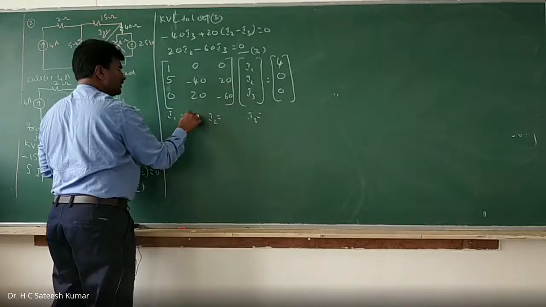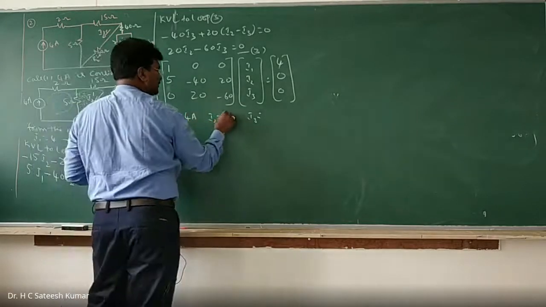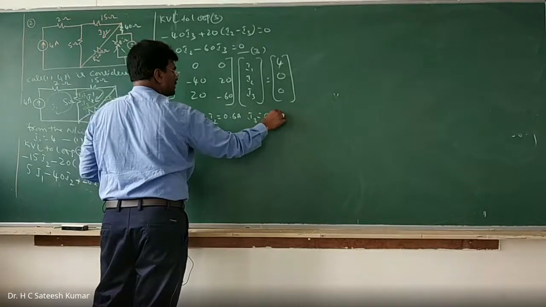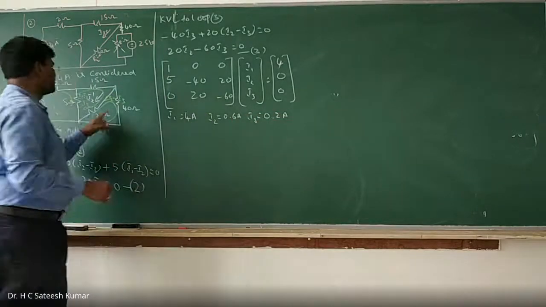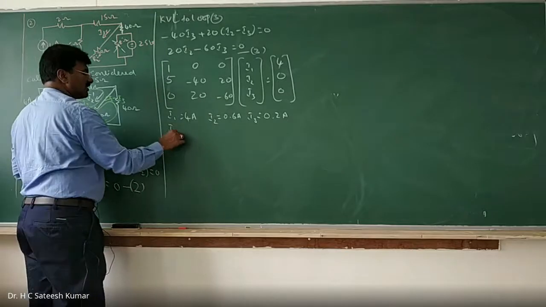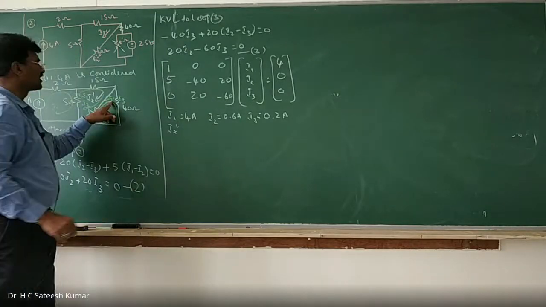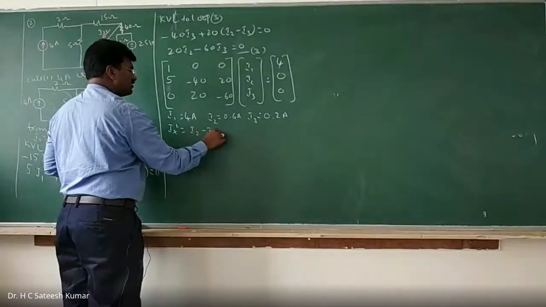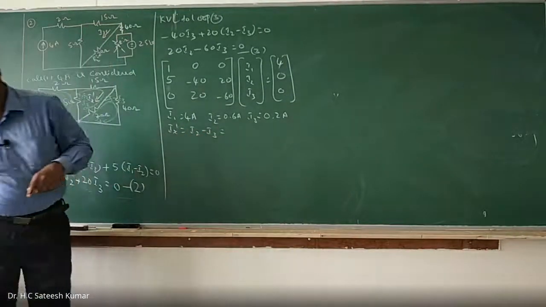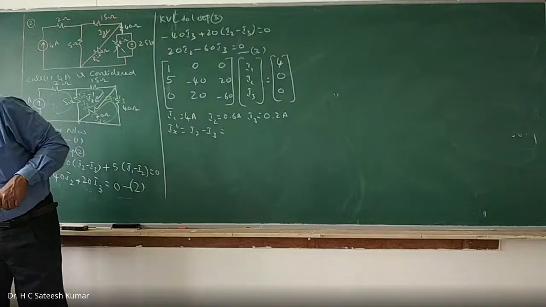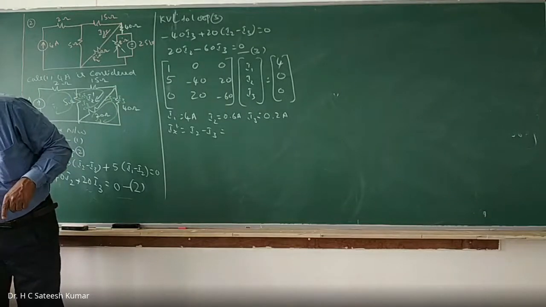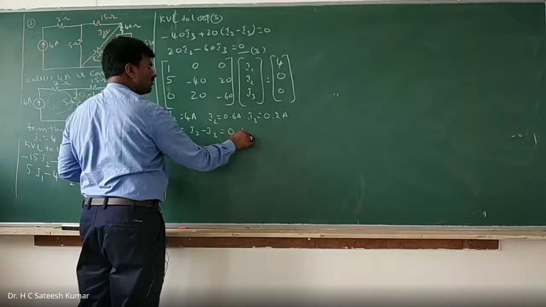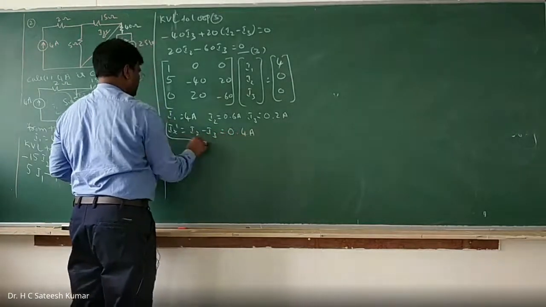I1 is 4 amps, I2 is 0.6 amps, I3 is 0.2 amps. So what do we want? Ix dash is equal to I2 minus I3, which is equal to 0.4 amps. Okay, right. So this is the one.